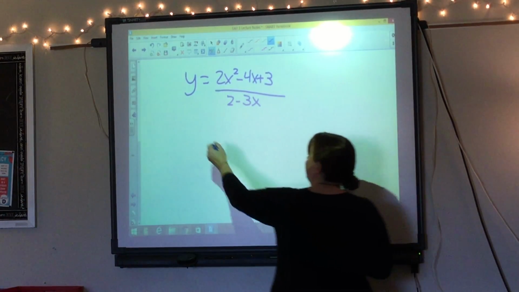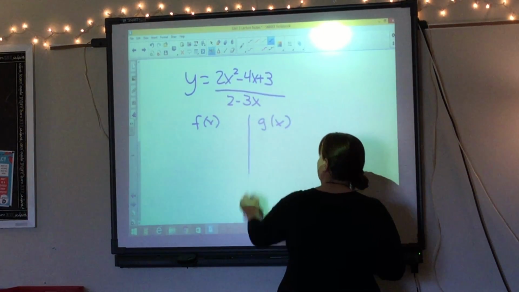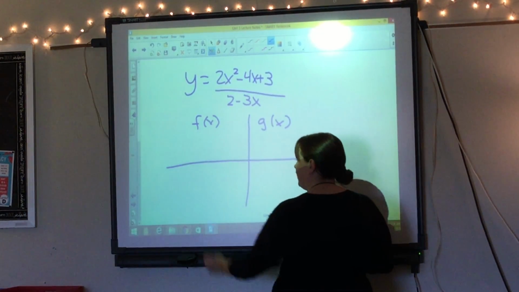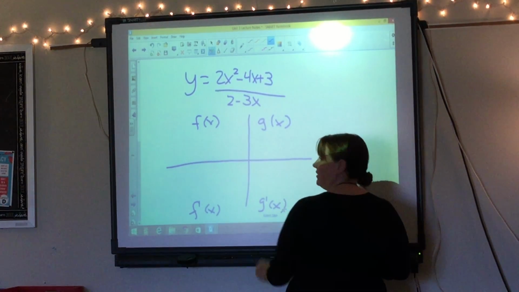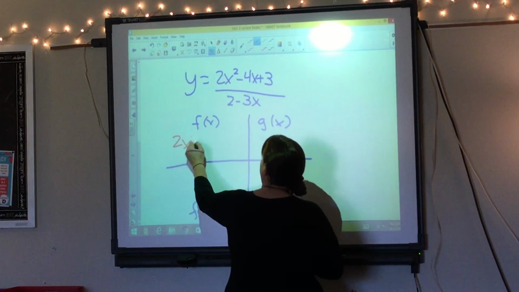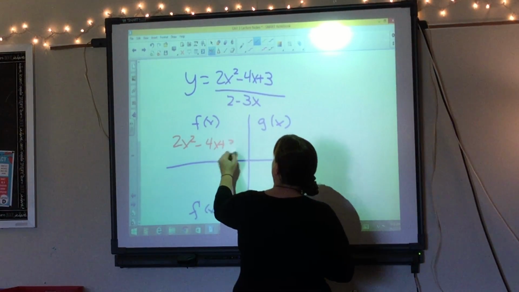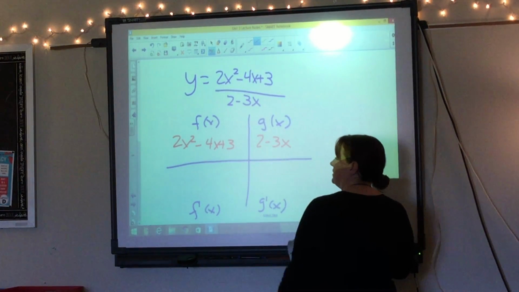So let's figure this out. We have f of x and g of x. f of x is our top one, so 2x squared minus 4x plus 3. Our g of x is 2 minus 3x.